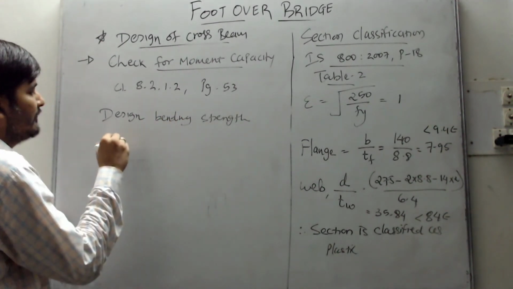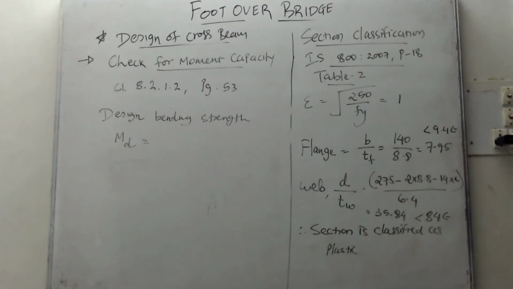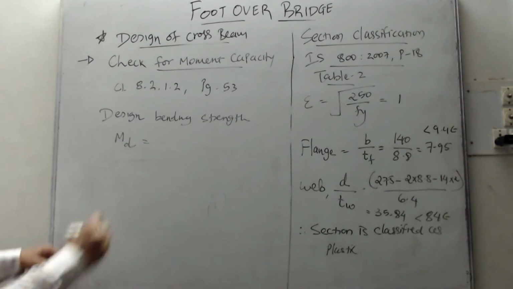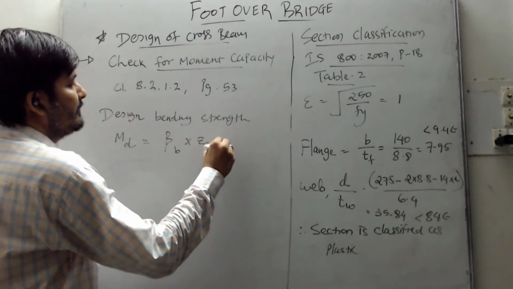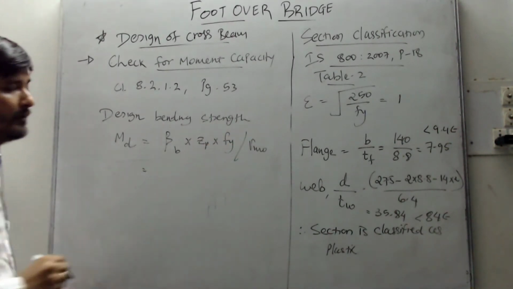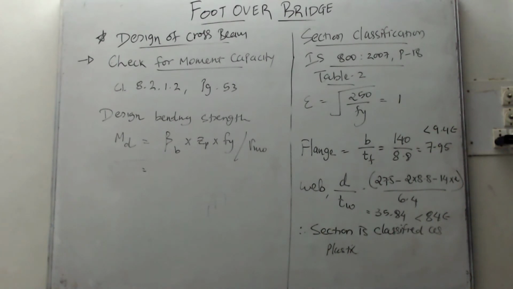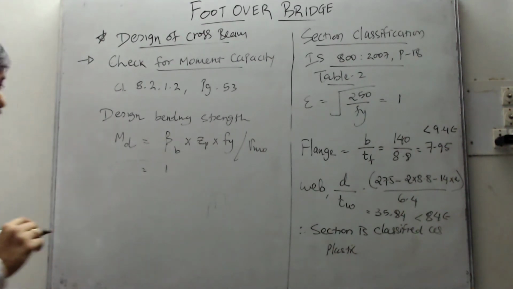MD is equal to beta B multiplied by ZP multiplied by Fy divided by gamma MO, right? In this, beta B is 1 for plastic section. ZP we already have the value for the section, which is 443.09 into 10 raised to 3.